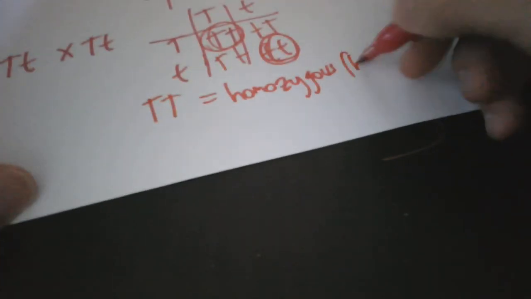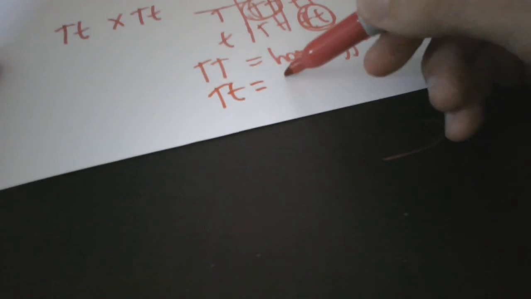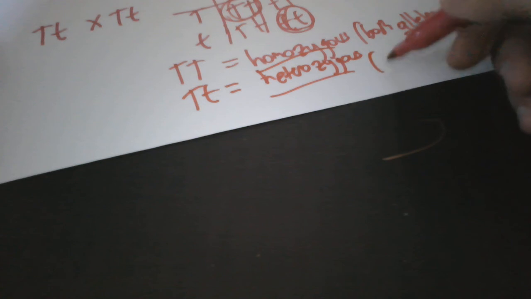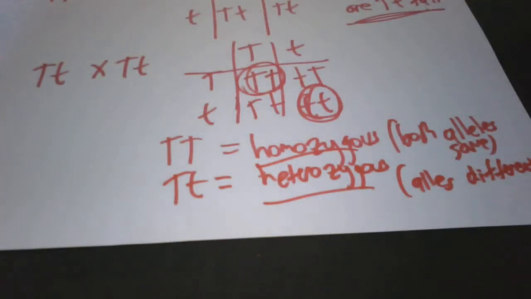So both alleles are the same. If you have big T, small t, this is called heterozygous. Hetero means different. This is when both alleles are different. So homozygous, the same, heterozygous, different.